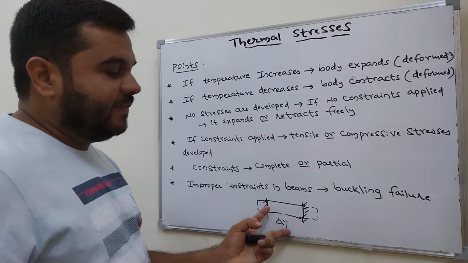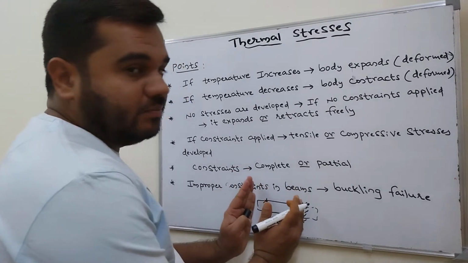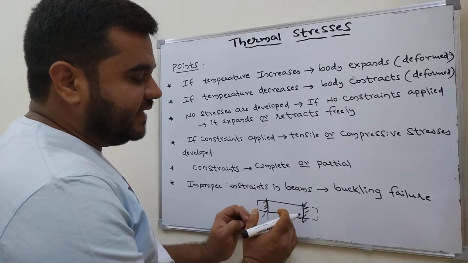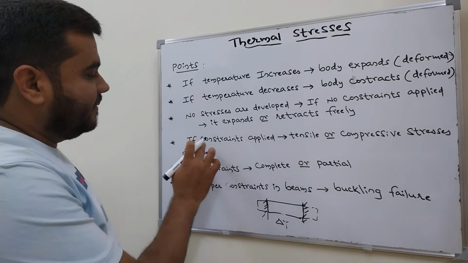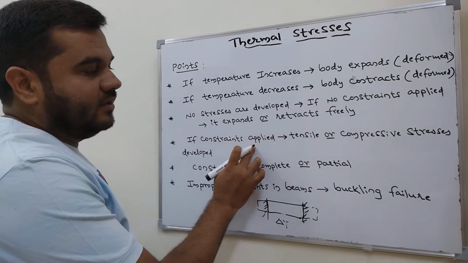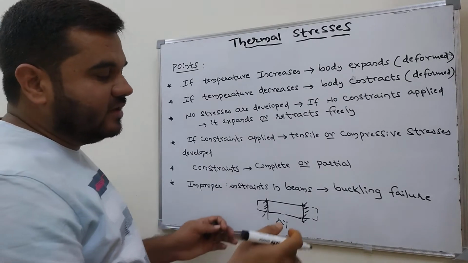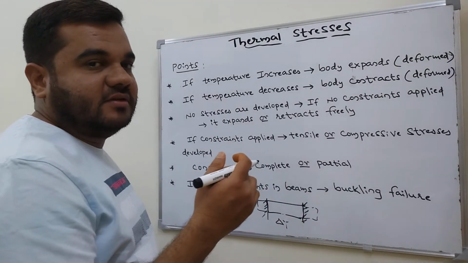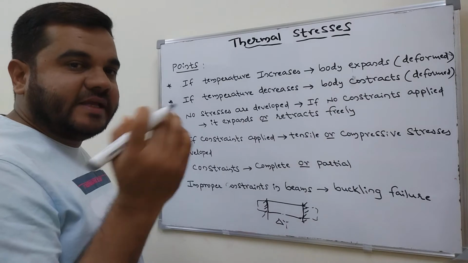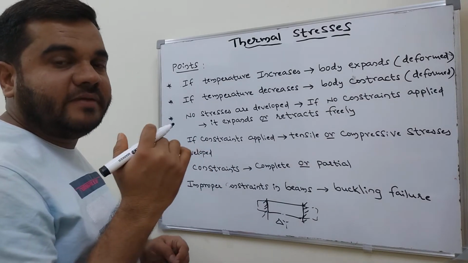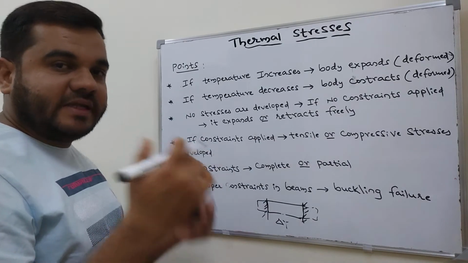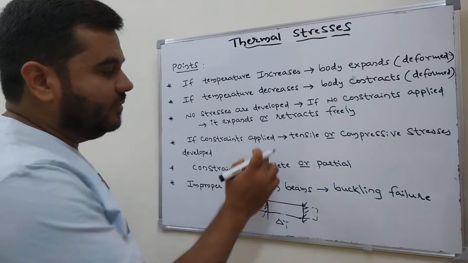You apply rigid supports at the ends to avoid the expansion. If constraints are applied, tensile or compressive stresses are developed. To avoid the expansion, either a tensile force or a compression force is developed, due to which tensile stress or compressive stress develops here.